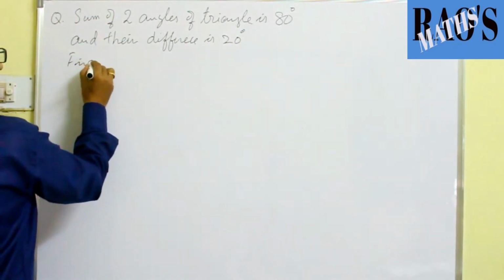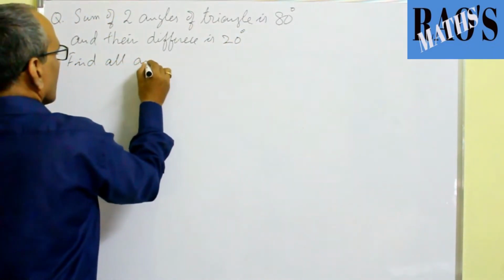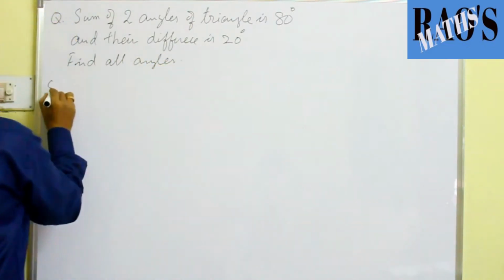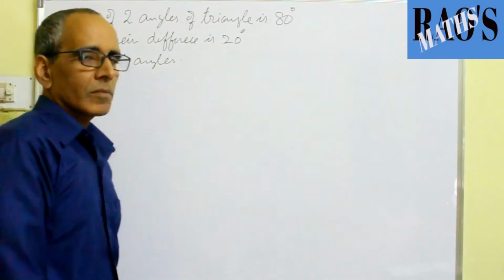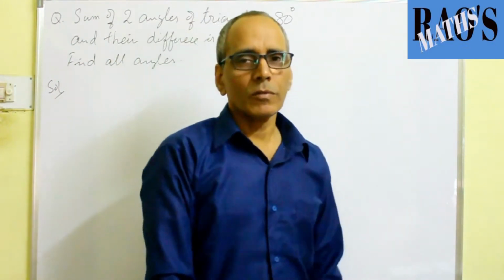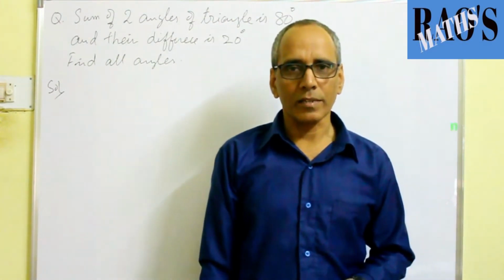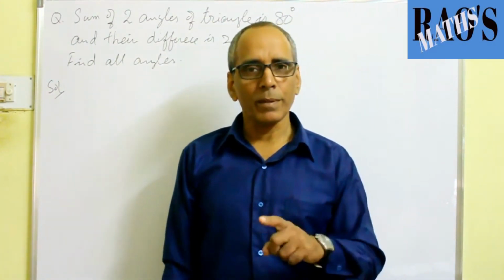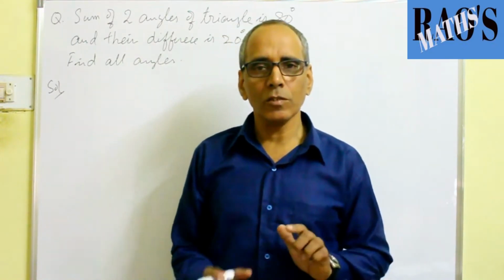Find all the angles. You have the sum of two angles and also the difference of two angles. I may say a plus b is 80, a minus b is equal to 20.